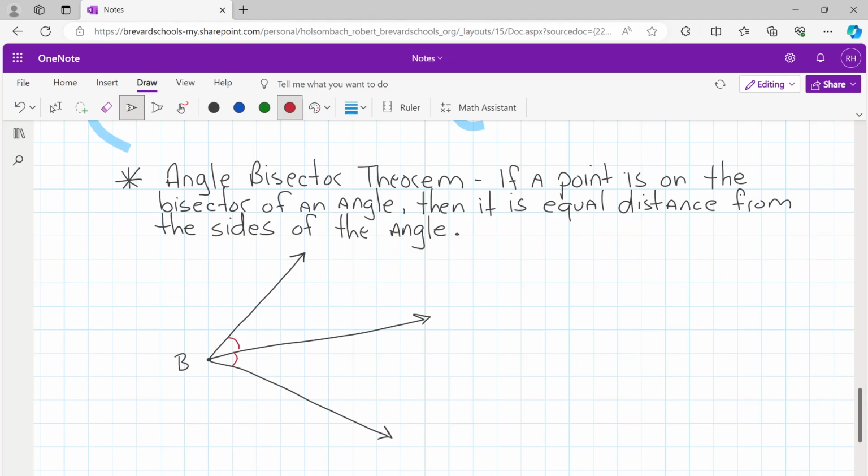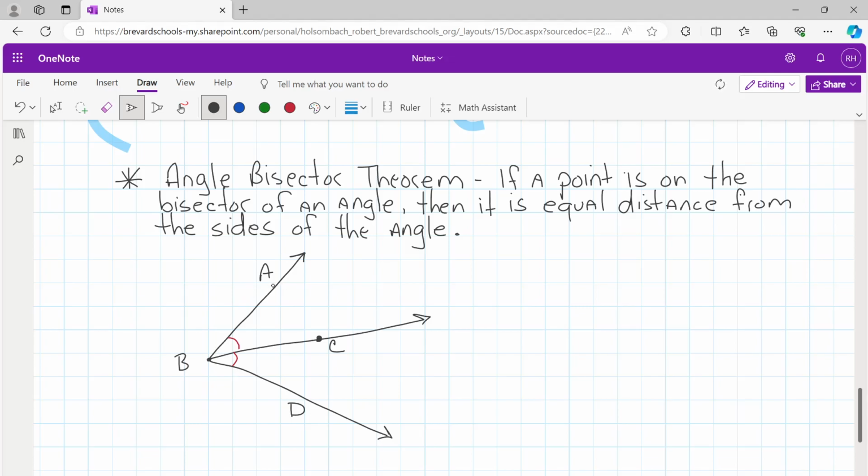Now, since those arc marks are in there, we've got three angles now. We've got angle ABC. We've got angle CBD. And we've got the big original angle ABD.